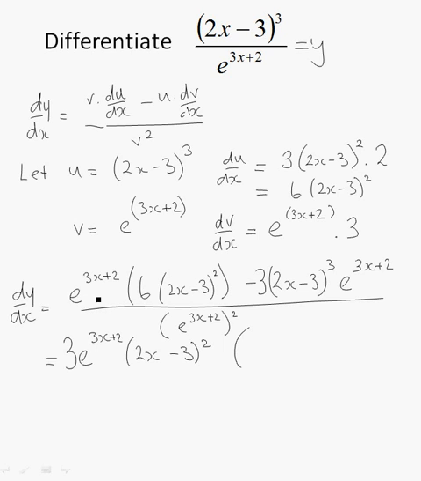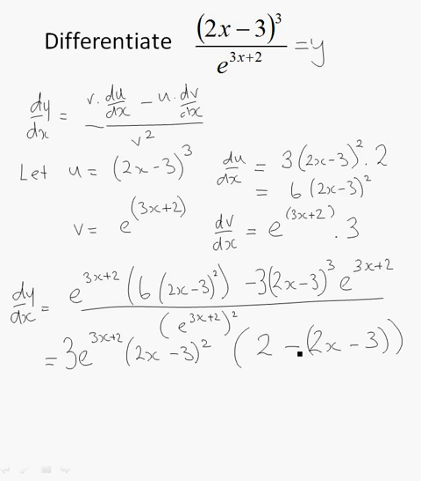Now if I take the common factor, this 3 e to the 3x plus 2 times (2x minus 3) squared, out from the first term, I'm just left with a 2. And if I take it out from the second term, I've taken the exponential out, I've taken the 3 out, I've taken (2x minus 3) squared, so I'm left with a minus (2x minus 3).